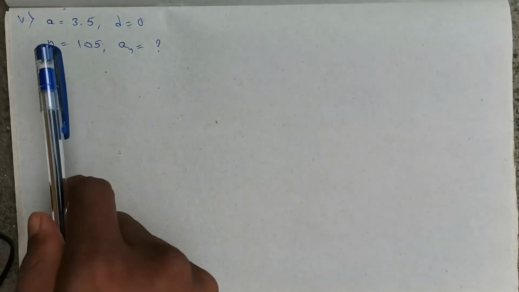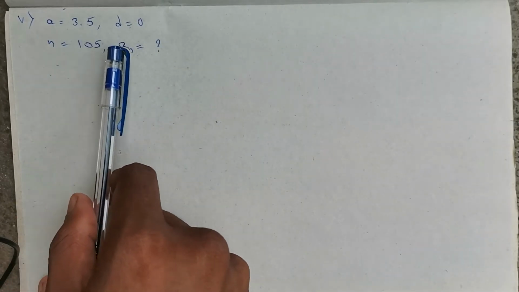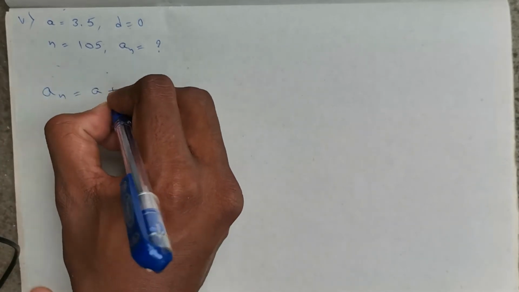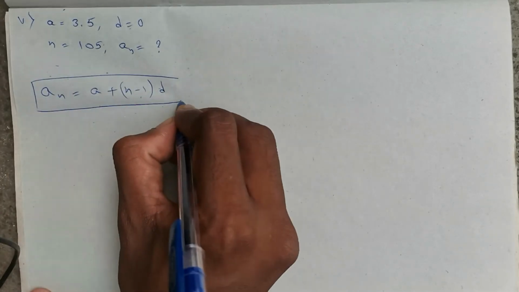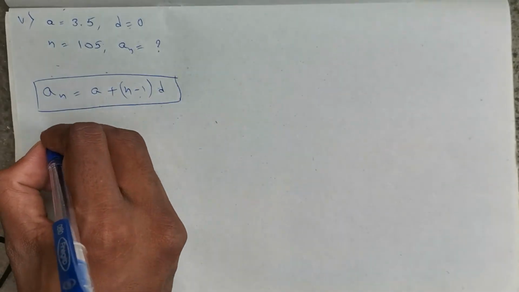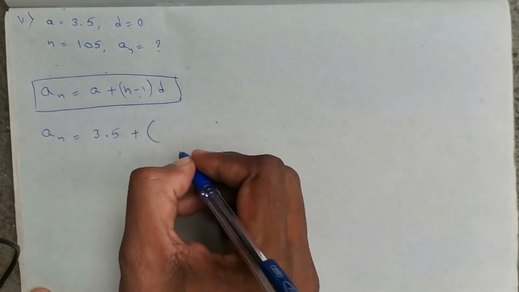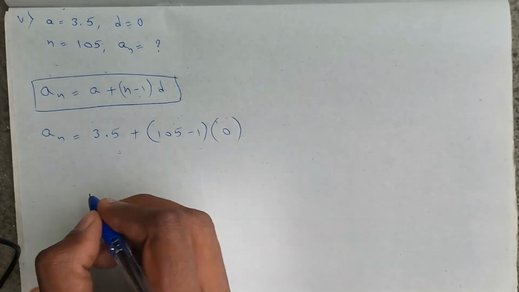The next question is a equals 3.5 and d equals 0, n equals 105. Then an we need to find. So an equals a plus (n minus 1) into d. He's asking to find an, so the a value is given as 3.5 plus the n value 105 minus 1 into the common difference 0.